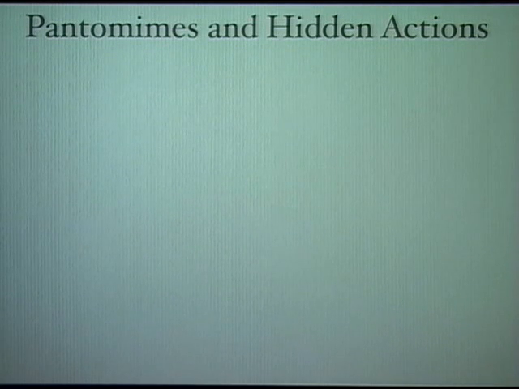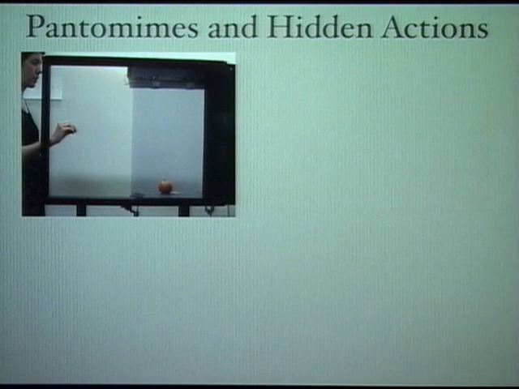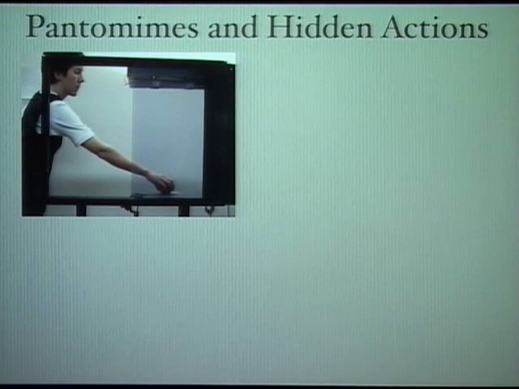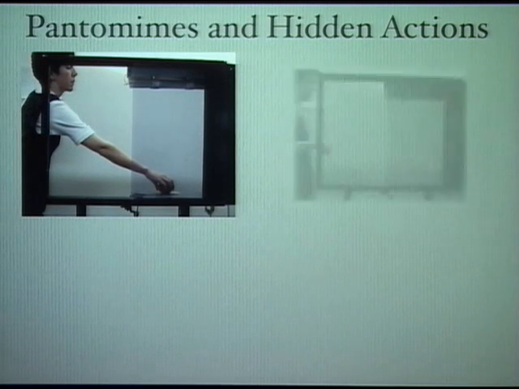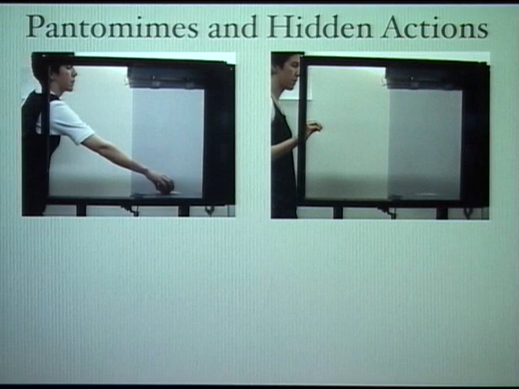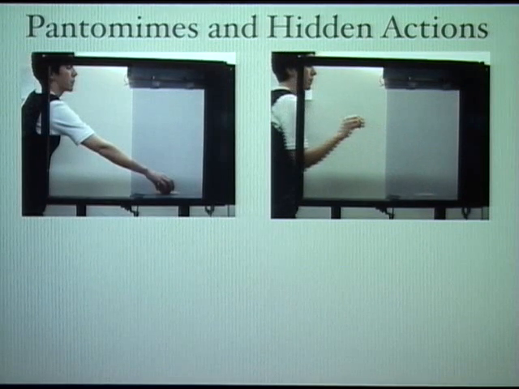So I'm going to show you first a grasping action. The cell fires, but then the same thing except that there is no object to be grasped. It's only a pantomime. There is a much weaker discharge.